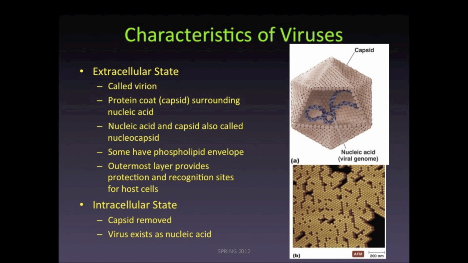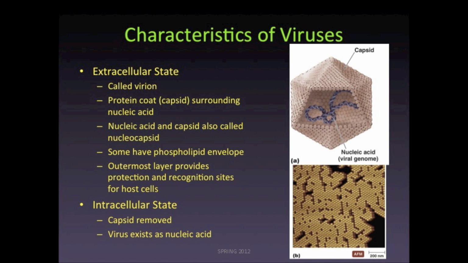The virus exists in an extracellular state composed of a nucleic acid and a protein coat known as a capsid. The combination of the nucleic acid and capsid are referred to as the nucleocapsid. Some viruses will have a phospholipid envelope that is derived from the host cell membrane.